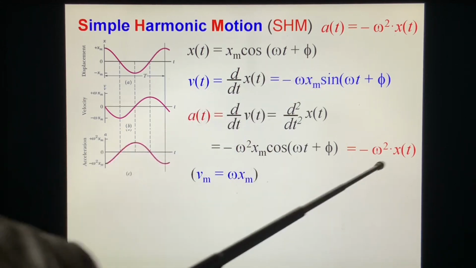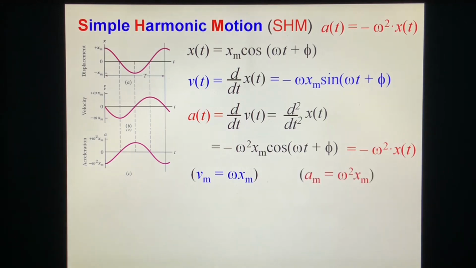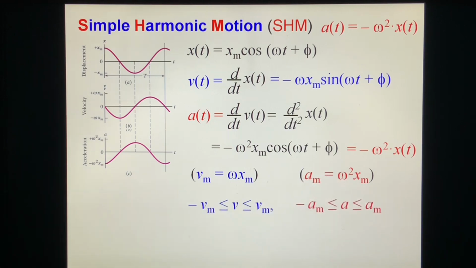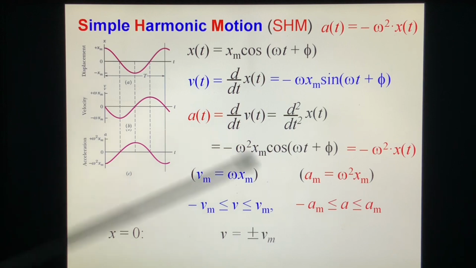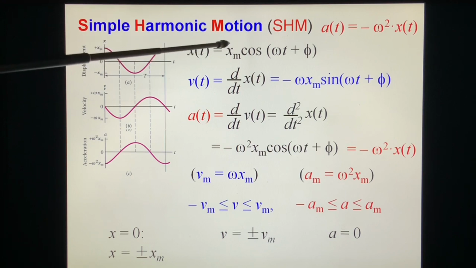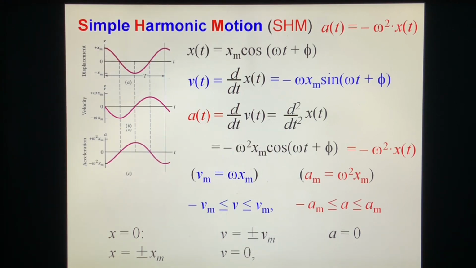The maximum a is omega squared x_m. And v is between plus and minus this, a is between plus and minus this. The conclusion: when x equals 0, a is 0 and v is maximum. When x is maximum, cosine is 1, so a is maximum and v is 0.